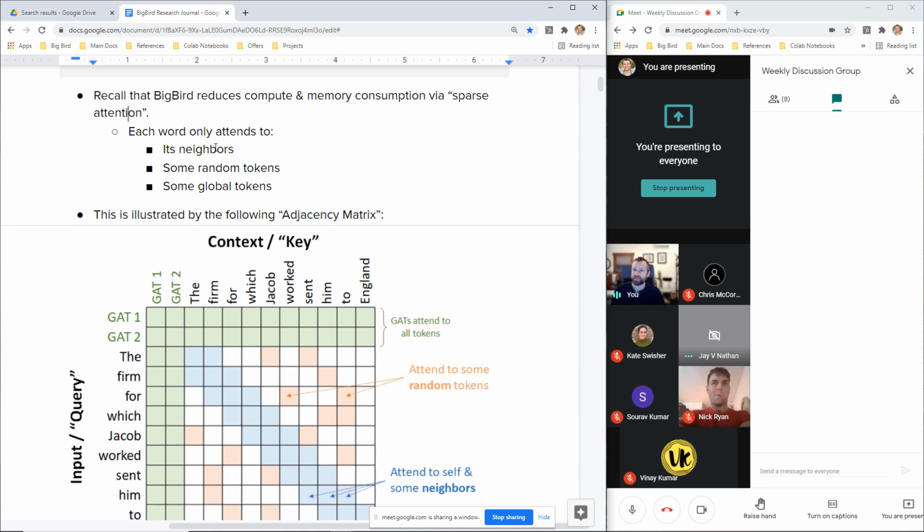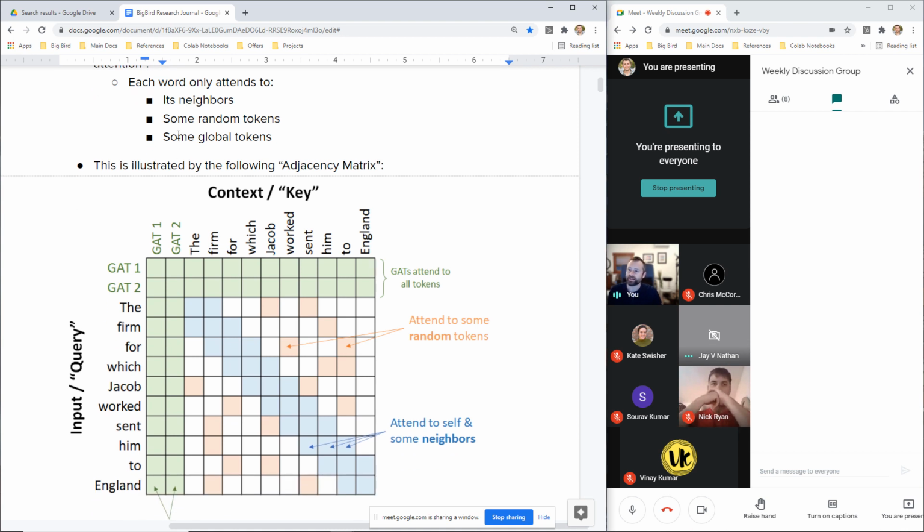Instead of each word in the sequence attending to every other word, the words only attend to some words. Specifically, each word attends to its neighbors, the tokens around it, some randomly selected tokens, uniformly random, and some global tokens.